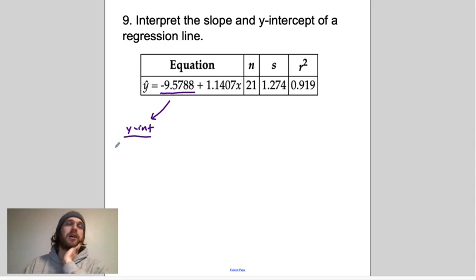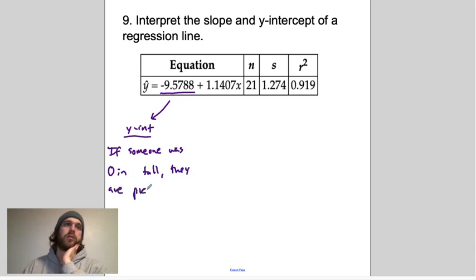So this would mean, it really has no appropriate context, but it would mean that if someone was 0 inches tall, they are predicted to have an arm span of negative 9.5788 inches. Okay, so this is not appropriate, of course.